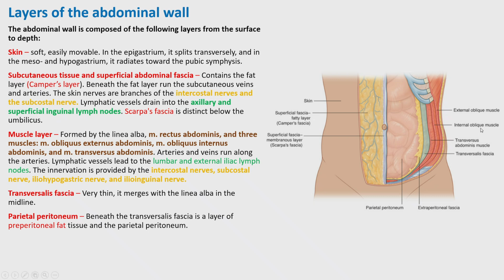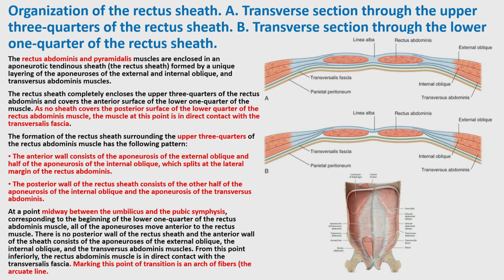So layer by layer, if you go: the skin, Camper's fascia, Scarpa's fascia, muscular layer, then the transversalis or endoabdominal fascia, some fatty extraperitoneal fascia, and then parietal peritoneum, and you go boom into the peritoneal cavity. So those are the layers that you have to be able to describe.